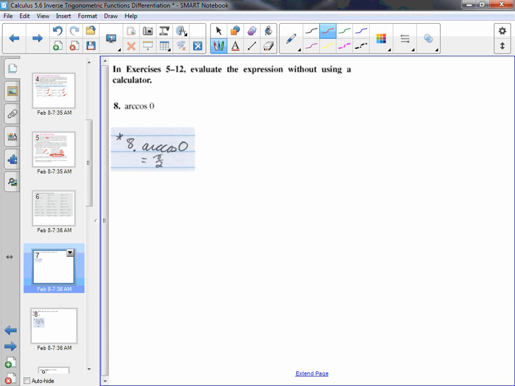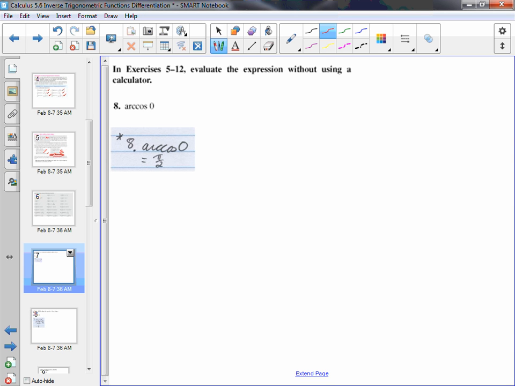Now let's do some. Let's work with our inverse trig functions a little bit. So number 8 on page 377 says to evaluate the expression without using a calculator. So we have the arc cosine of 0.